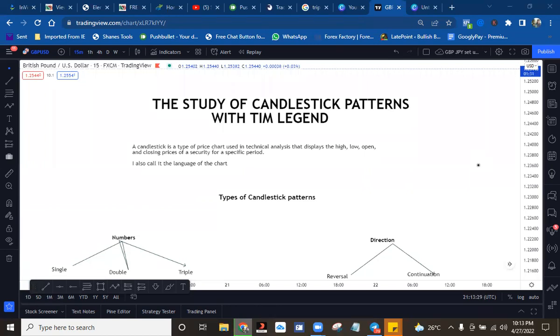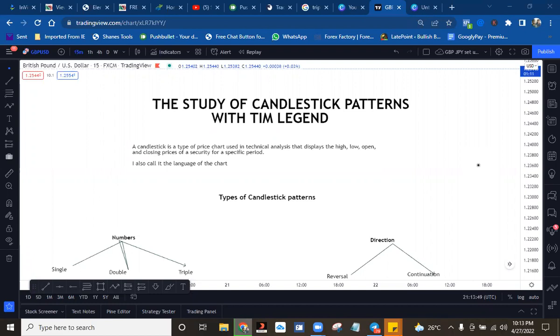As long as you look at your chart and you see candlesticks on it, it means those candlesticks are interpreting something, which you as a trader need to be able to decode.